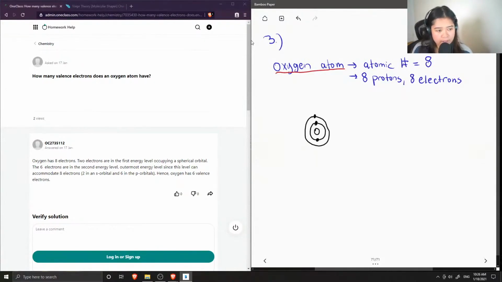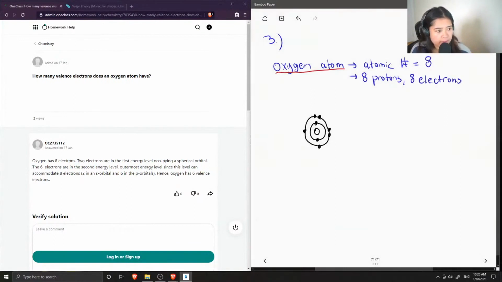And then now that I wrote down 2, I need 6 more in an oxygen atom. So let's just draw 6 in the next shell. And this is kind of like a picture of an oxygen atom.